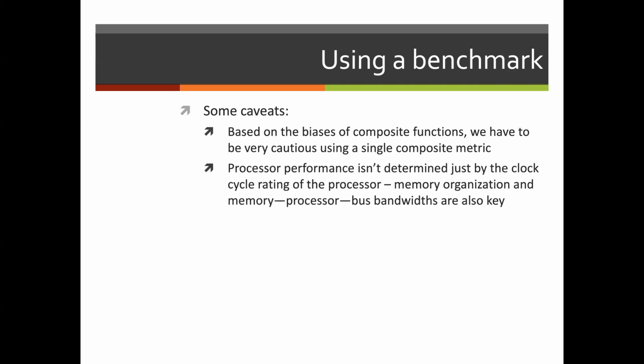Also, there are various factors that can affect processor performance. It's not going to necessarily just be determined by the speed of the processor or the clock cycle rating. Memory organization and memory utilization of the processor, as well as the bus bandwidth and latency, are also key components that can affect benchmark performance.